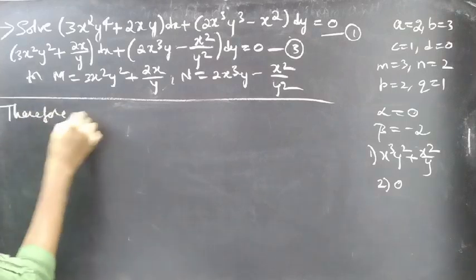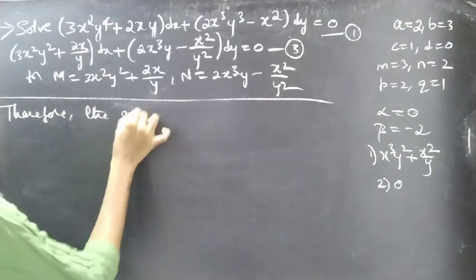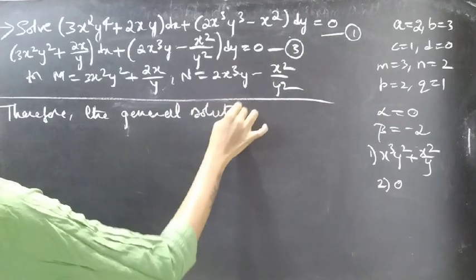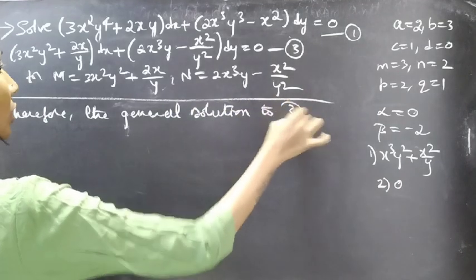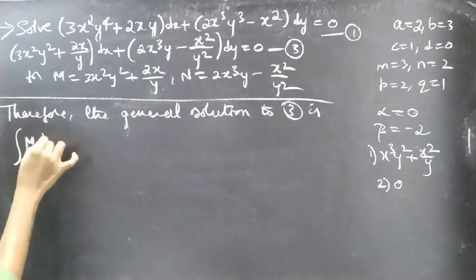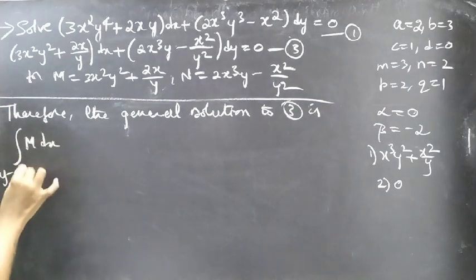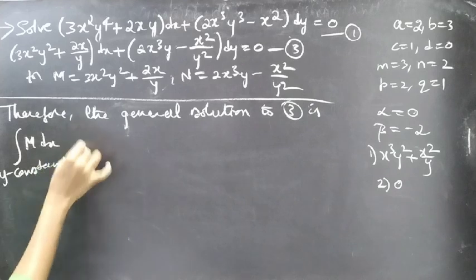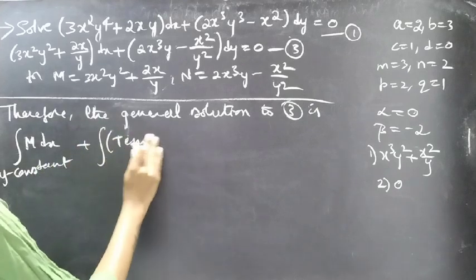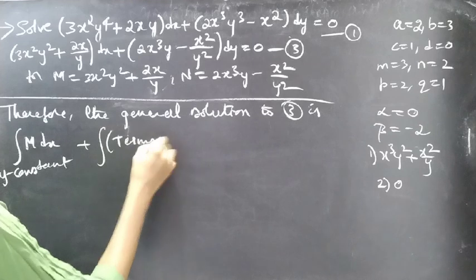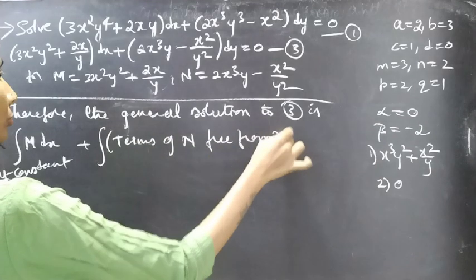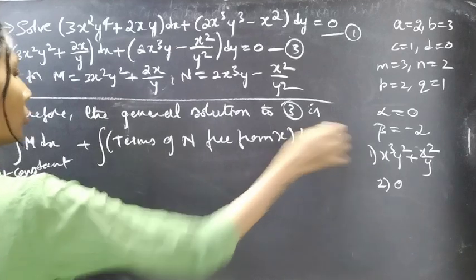Therefore, the general solution to the transformed equation, that is equation 3, is integral M dx treating y as constant plus integral of terms of N free from x into dy equal to c.